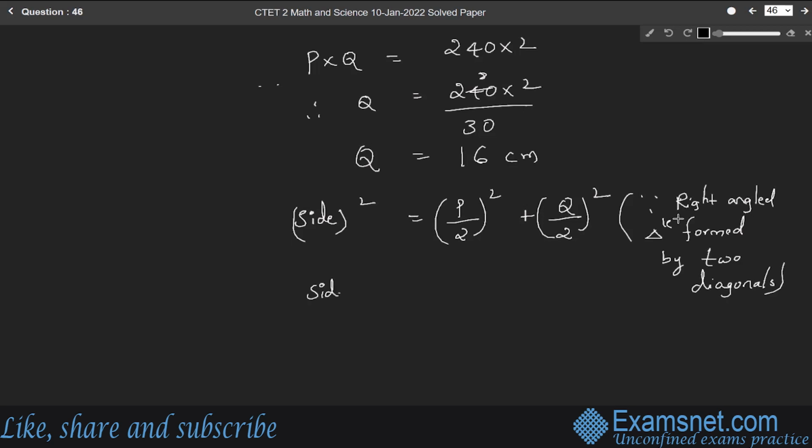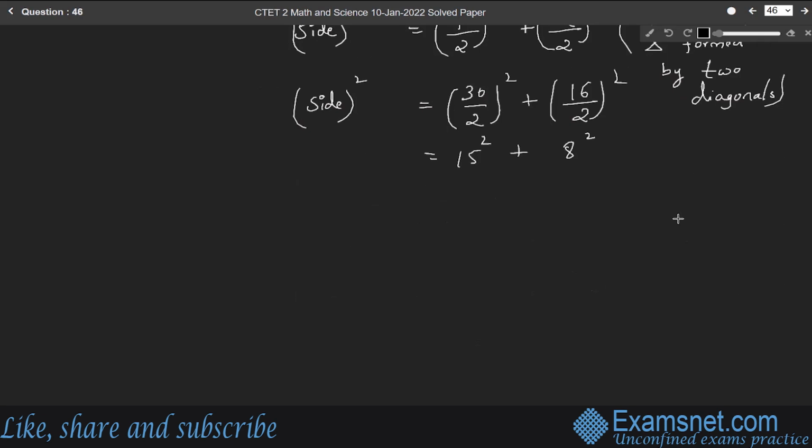Therefore, side square is equal to P is 30 by 2 whole square plus Q is 16 by 2 whole square, which is 15 square plus 8 square. So 15 square is 225, 8 square is 64. Therefore, side square is equal to 289.